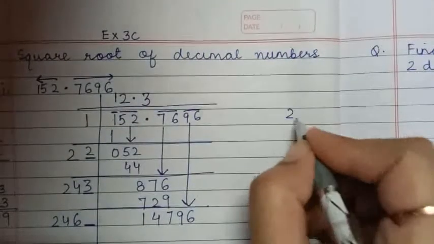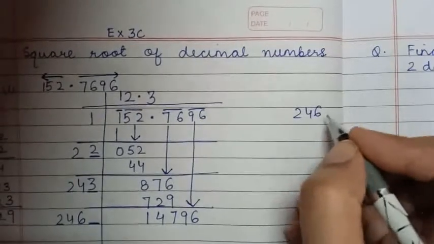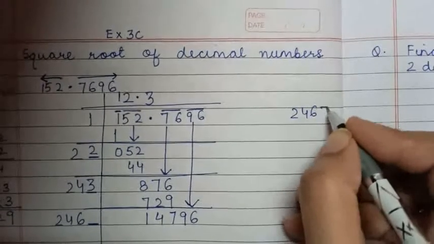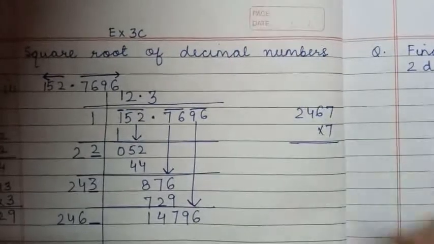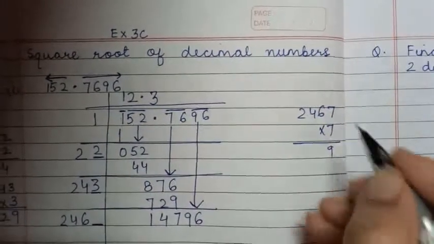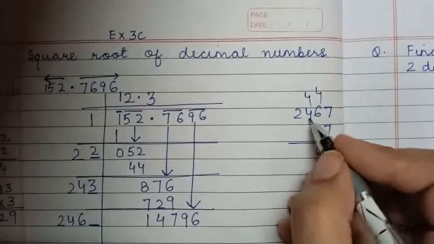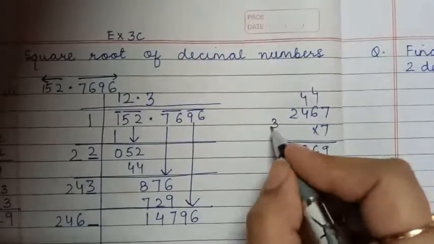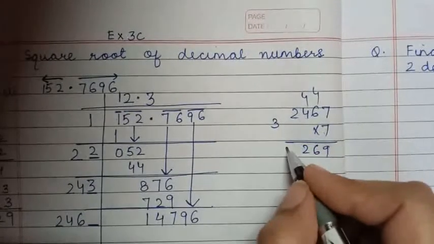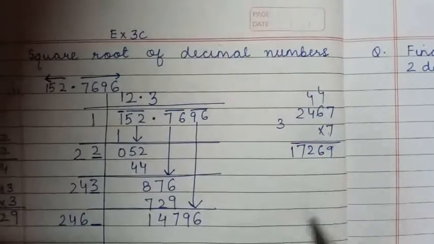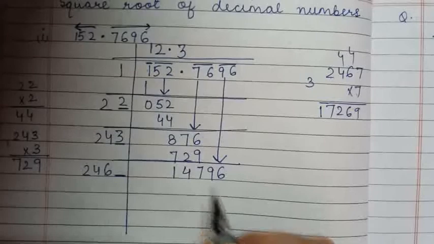Again I will try in rough. Suppose I keep 7. 7 7s are 49, 7 6s are 42 plus 4 is 46, 7 4s are 28 plus 4 is 32, 7 2s are 14 plus 3 is 17, which is greater than this, so it won't work.